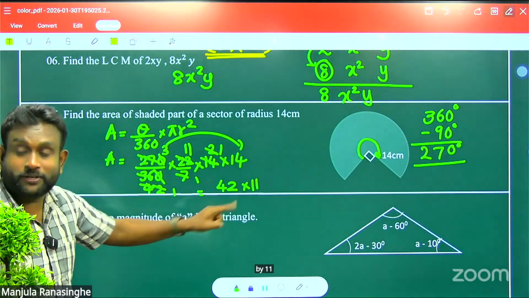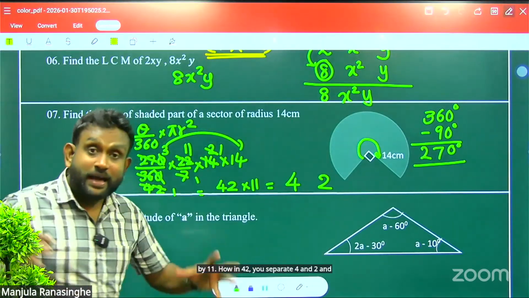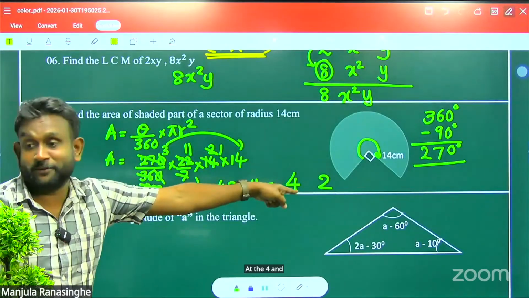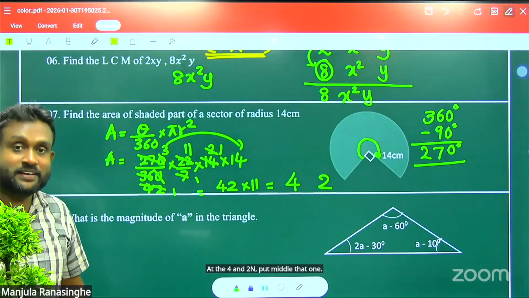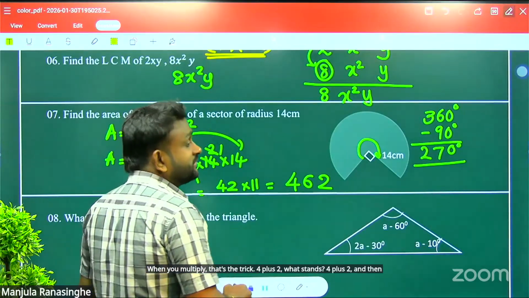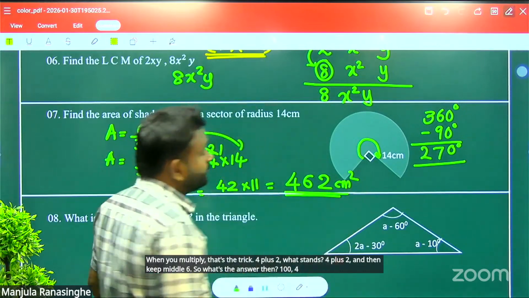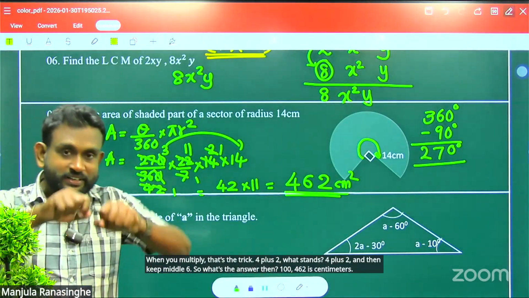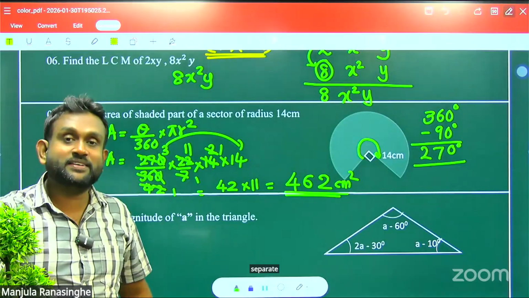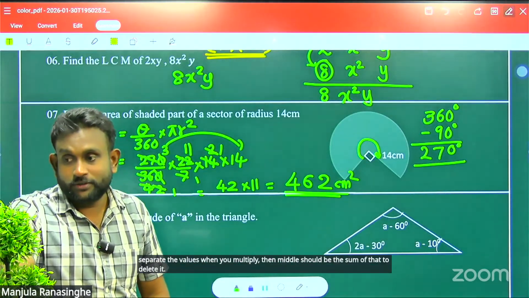In 42, separate the 4 and 2, add them, and put the sum in the middle. 4 plus 2 is 6, so the answer is 462 square centimeters. When multiplying by 11, separate the digits and put the sum of the two digits in the middle. Sir, if it's 4 digits, what do we do?